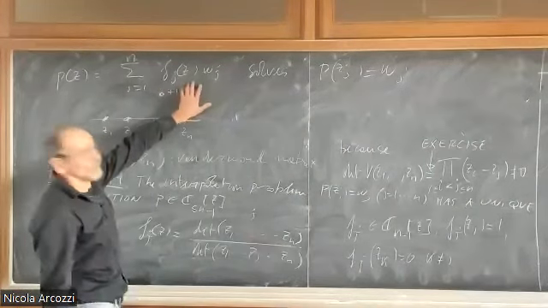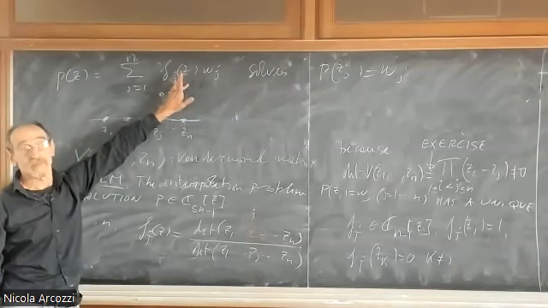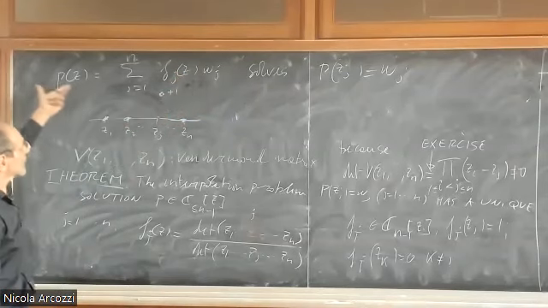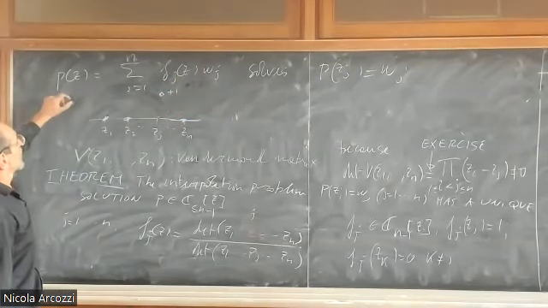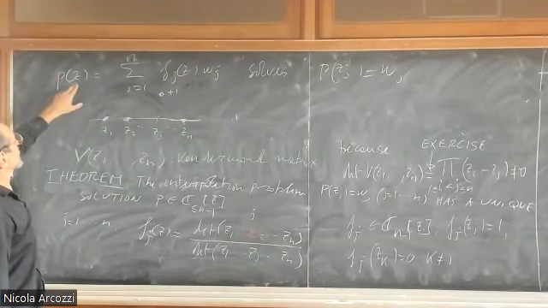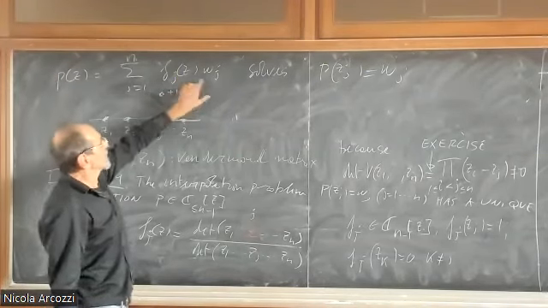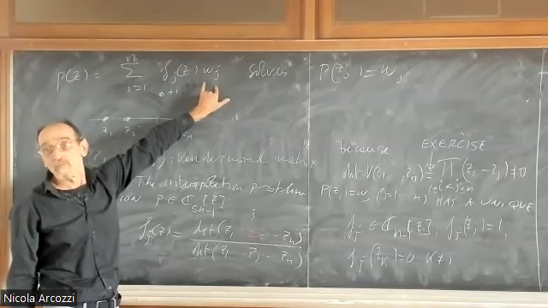So this is a polynomial of degree less than or equal to n minus 1, and it takes the value wk at zk.